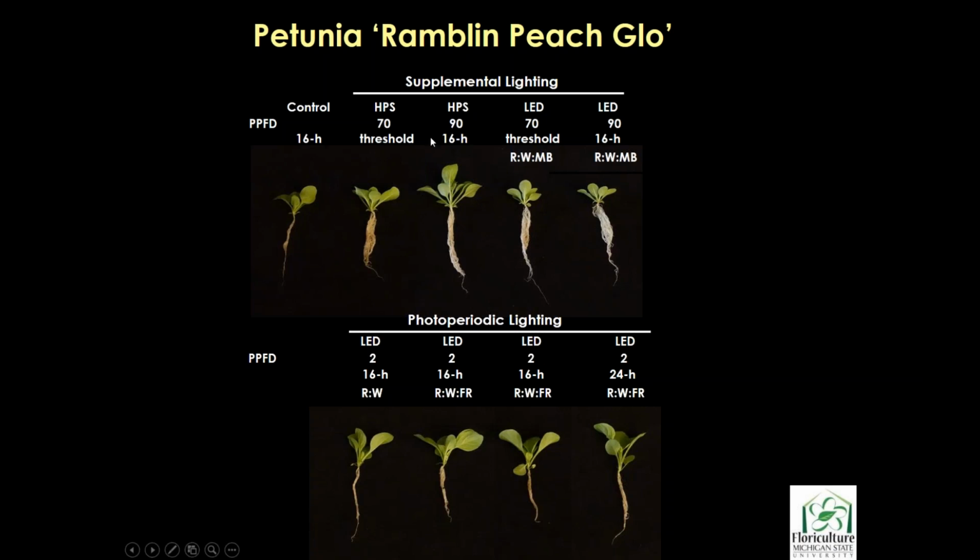Now here, we were providing 90 micromoles, again during a 16-hour photoperiod, but only when the sunlight was under a certain level outdoors. So basically only providing supplemental lighting when it was cloudy or during the early morning or late evening. And again, similar treatments, but with LEDs.